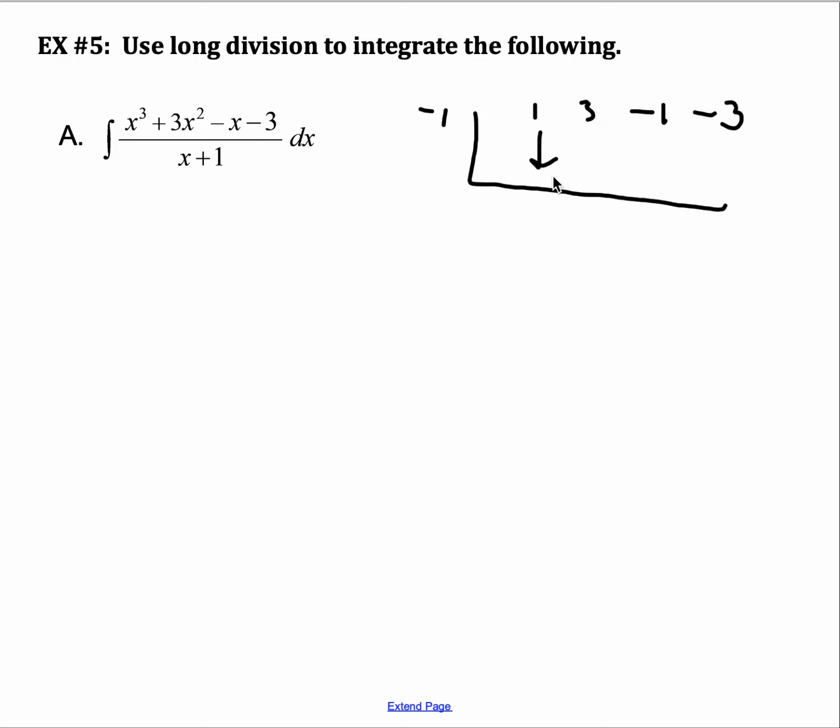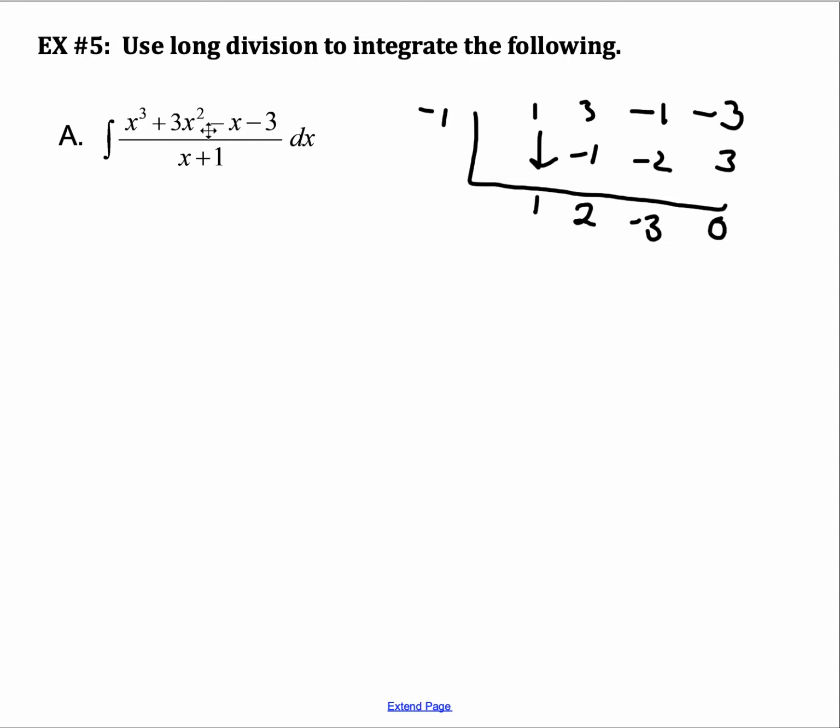And we bring the first coefficient down. We multiply it to our divisor. That gives us -1. We do an addition. And we just repeat the pattern. 2 times -1 is -2. That gives me -3. -3 times -1 is +3. And we get a 0.